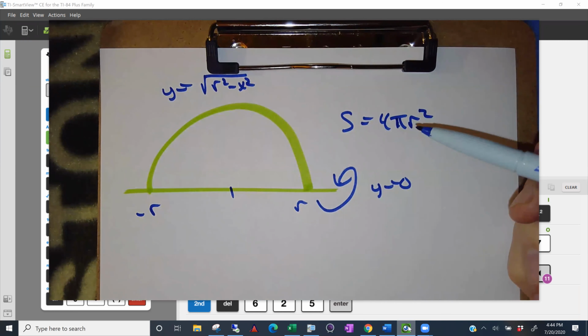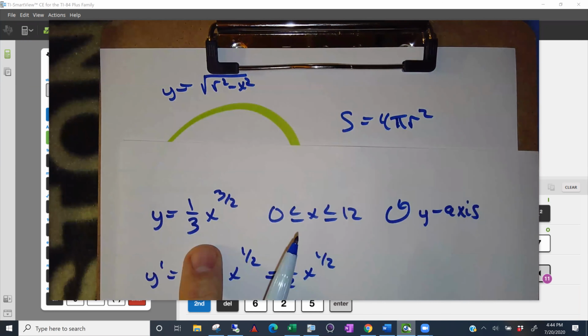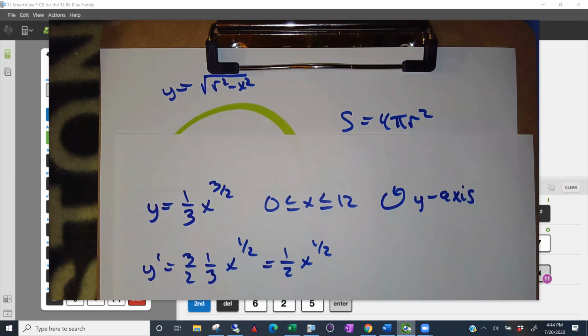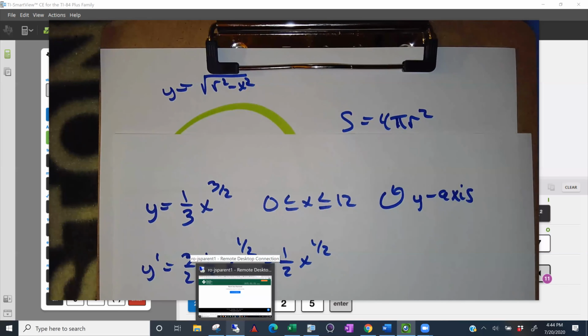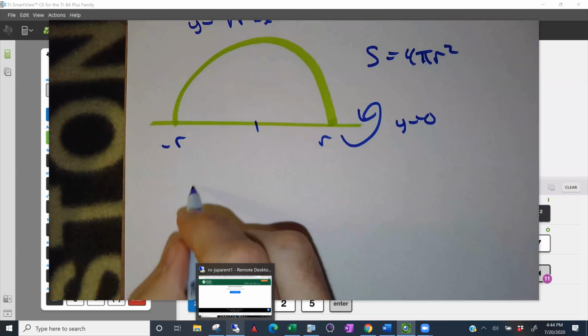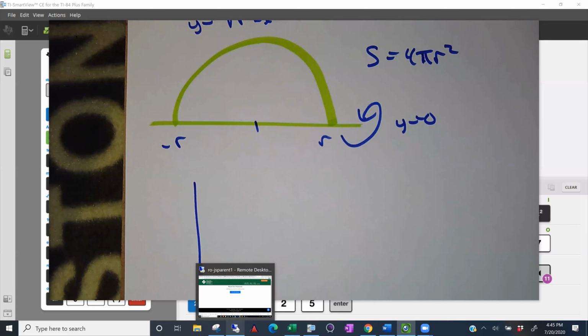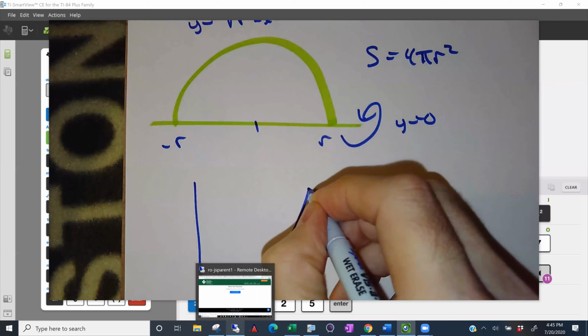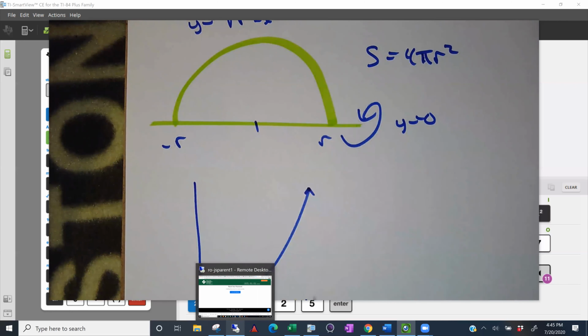Now we're doing that same thing for different functions. Now, 1/3 x to the 3/2, that's going to be a little funkier, different function, but you're still going to achieve the same thing. You're going to take some curve that looks probably something like this, between 0 and 12.